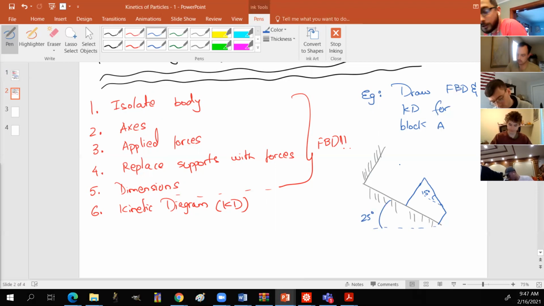Then you've got one pulley over here, and another pulley on the body itself. You've got another pulley up top, and then there's this body on top, which is sliding on that straight surface.